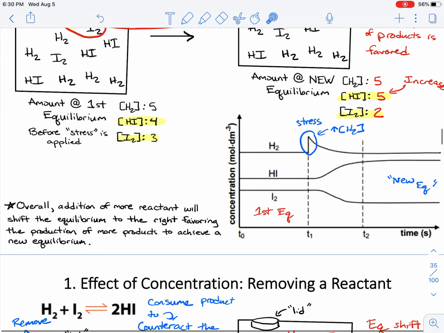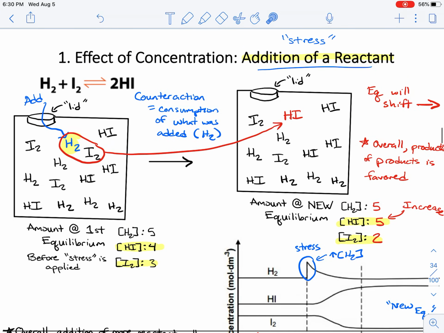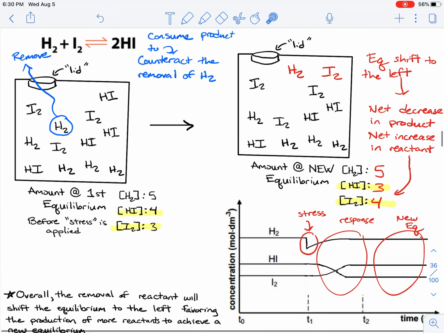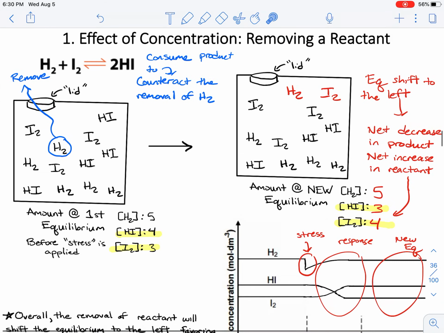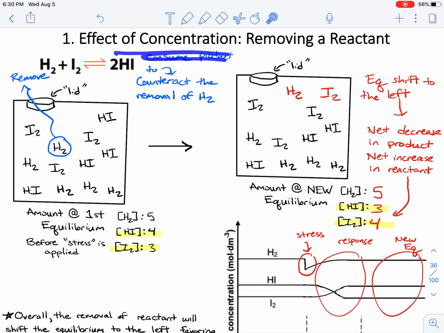All right, and so hopefully by going through these two examples, you guys are understanding how changes in concentration will affect the chemical system, such that either the system will favor the production of reactants to reach a new equilibrium, or favor the production of products to reach a new equilibrium.